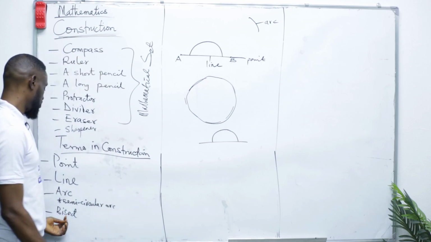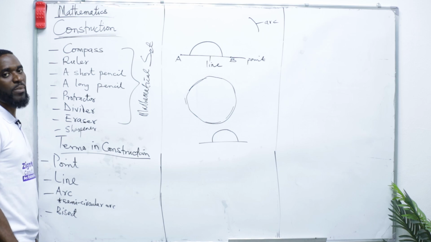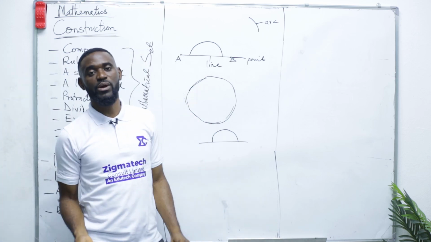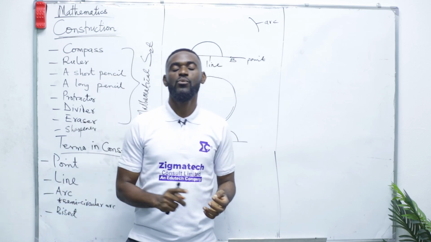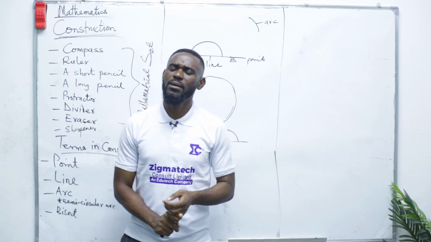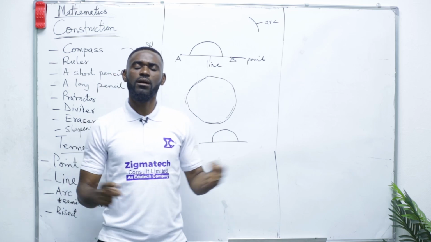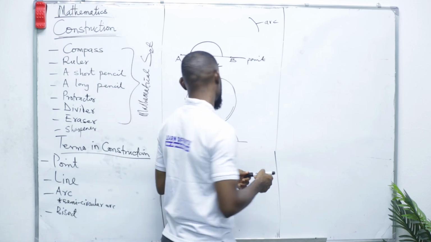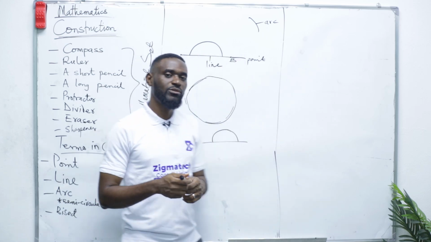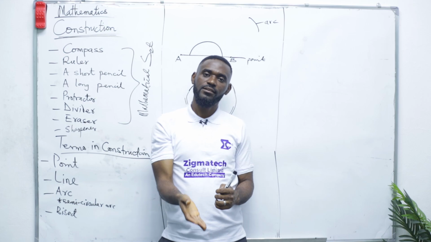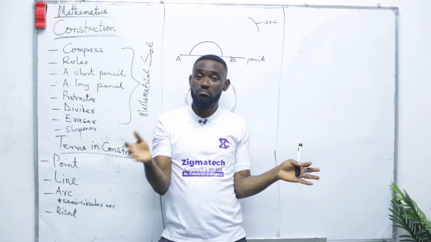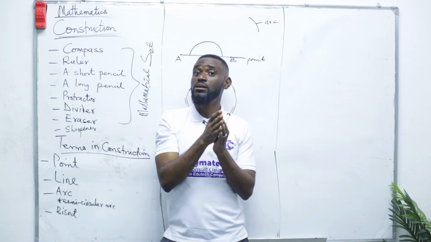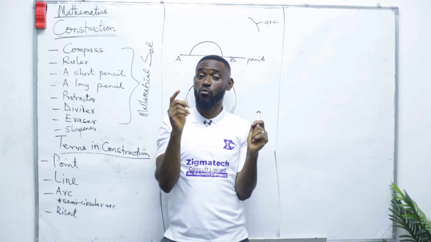Then the next thing we need to learn is to bisect. You always hear bisect. We can bisect a line, we can bisect an angle, mainly. To bisect means to divide into two, mainly equally, in an equal manner.